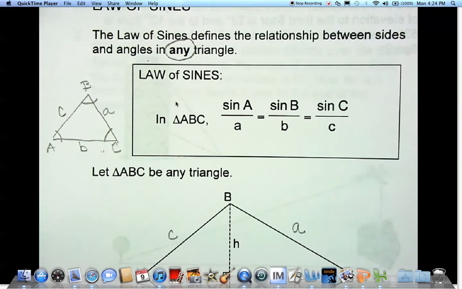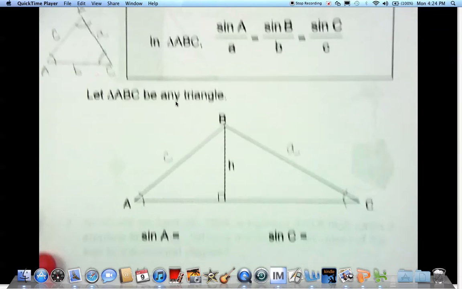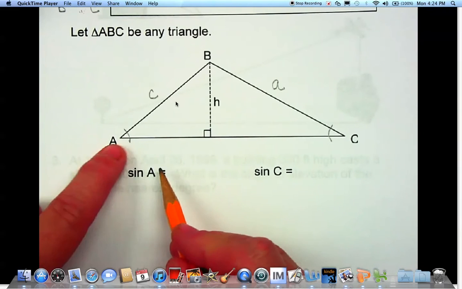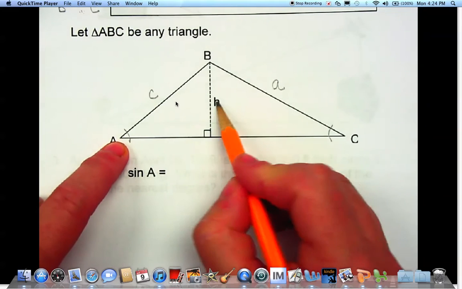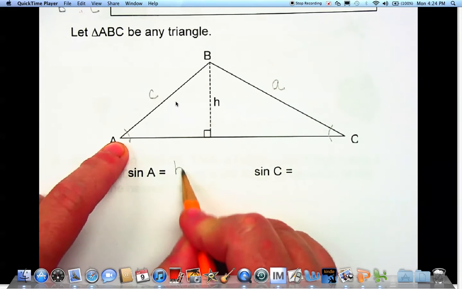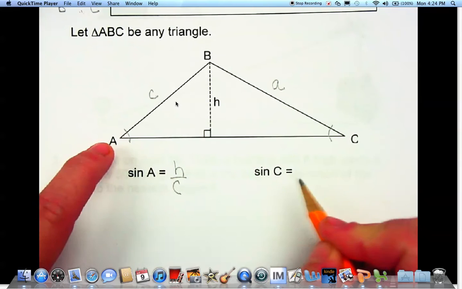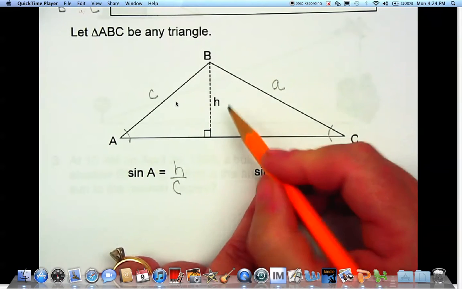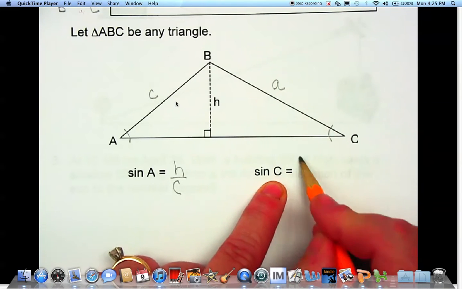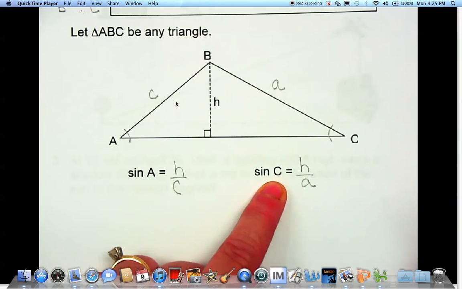From what we learned before, sine of A would be equal to y over r, or opposite over hypotenuse. That would be h over c. Sine C would be the same thing, opposite over hypotenuse, so h over a.